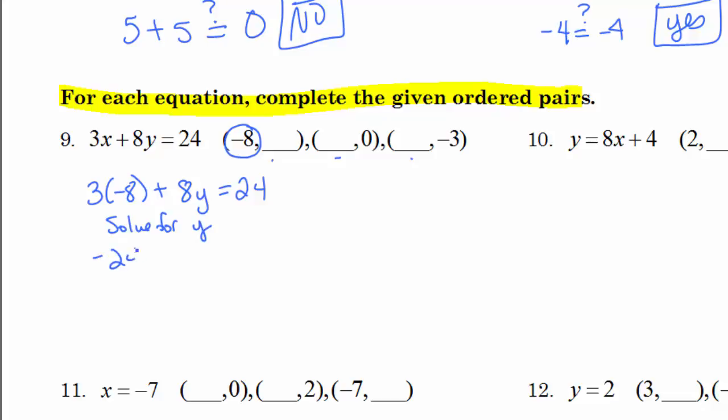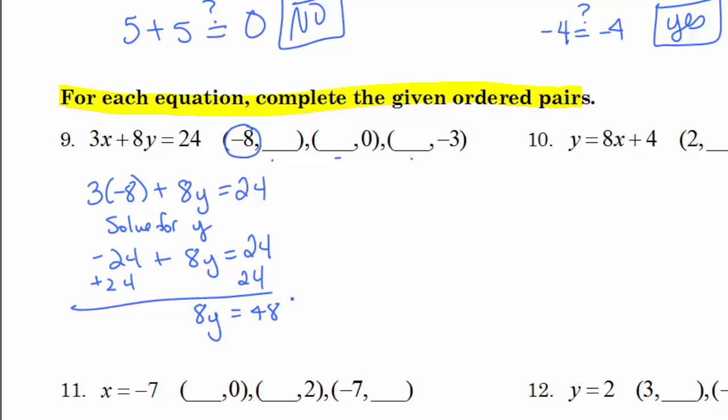So we have negative 24 plus 8y equals positive 24. What happens? I need to add the 24 to both sides so I can get the y by itself. Divide by 8, and I'm going to get 6. So that means the ordered pair, negative 8, 6, will be on that line.